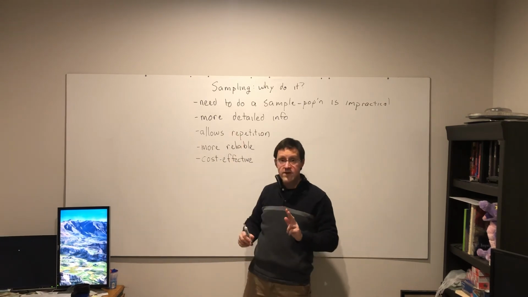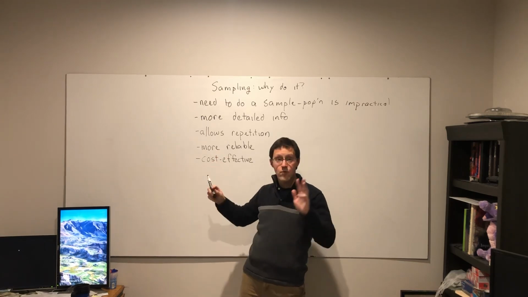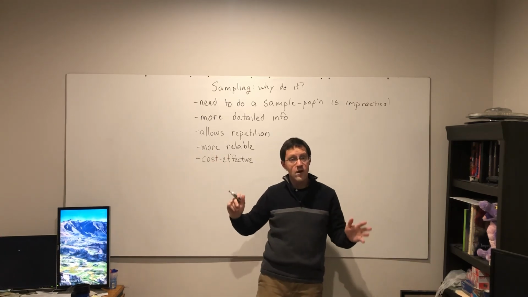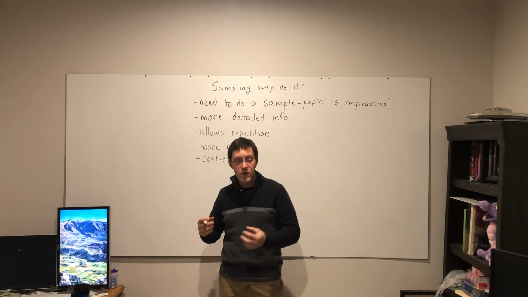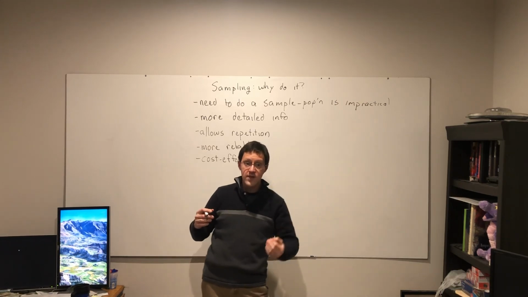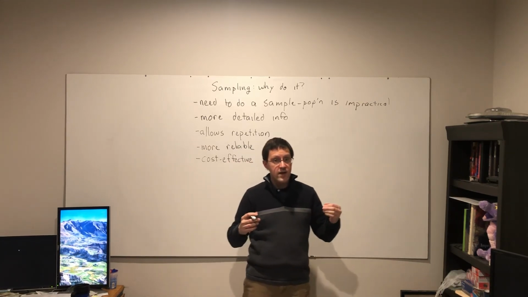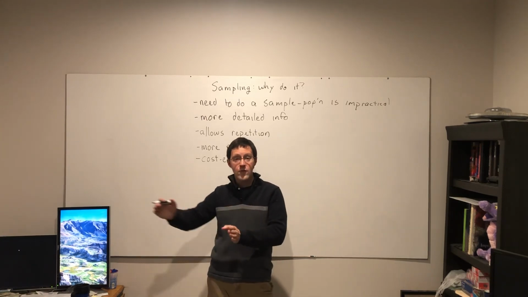We can get more detailed information with the sample, as well as more reliable information from our sample. And in projects where this is useful, we can also go back to the same sample, the same people, and collect repeated observations to study how things evolve through time.